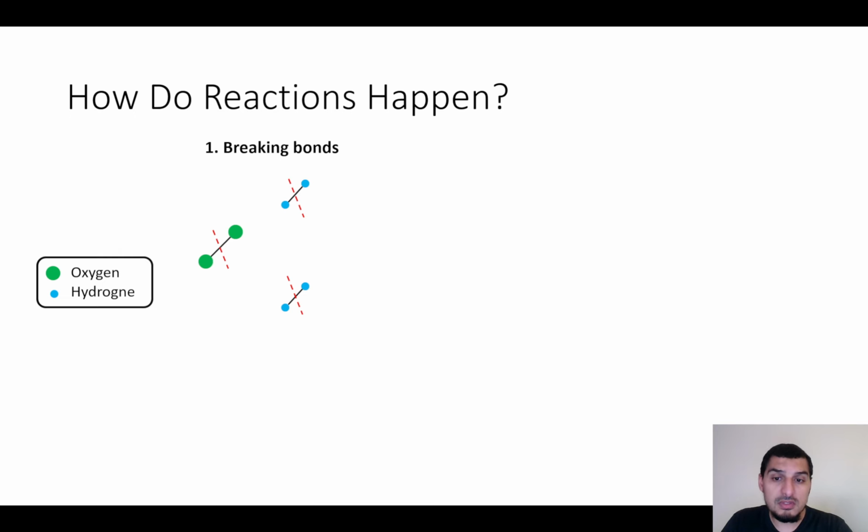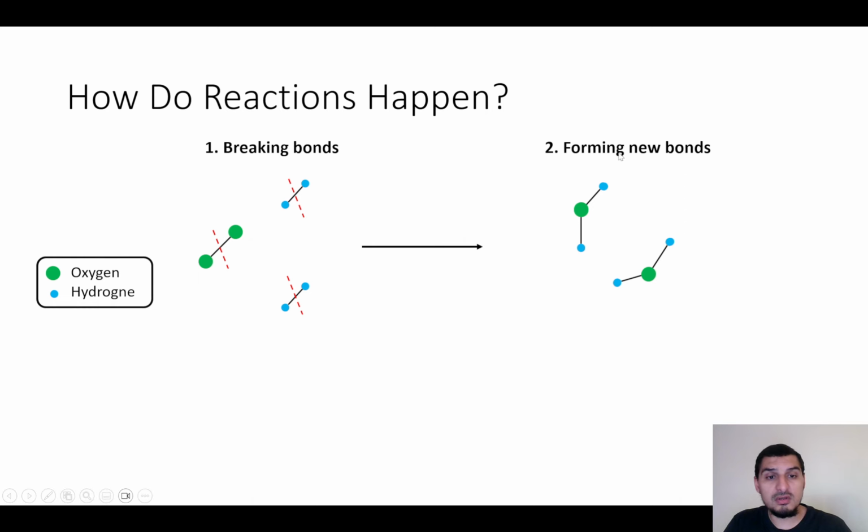So once we break the bonds, the atoms will rearrange themselves to form new bonds. By doing this, you can see here that we have 2 molecules that are formed, which are water molecules. So this is the known reaction of hydrogen with oxygen to produce water. These are the 2 main steps that are involved in the reactions.